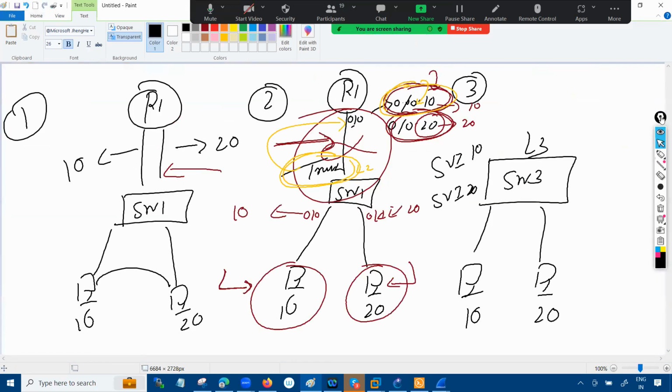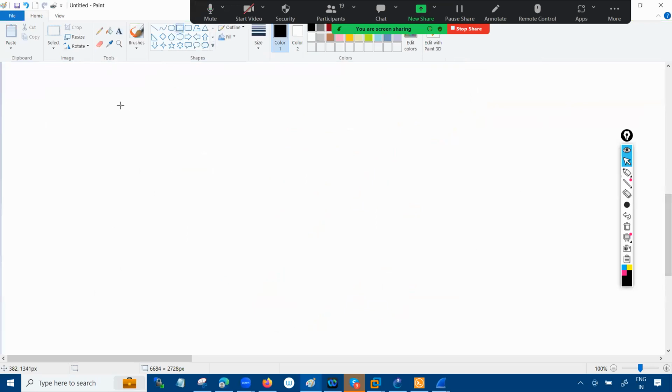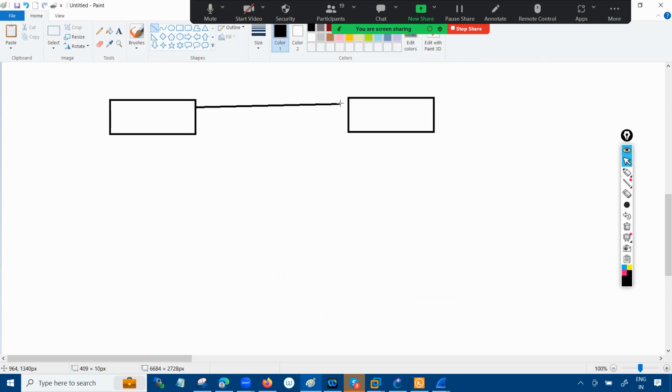What I can do is simply create one topology. So I have a switch 1, and I have a switch 2. I'm just going to connect this link like this. And I have a PC1 and a PC2.